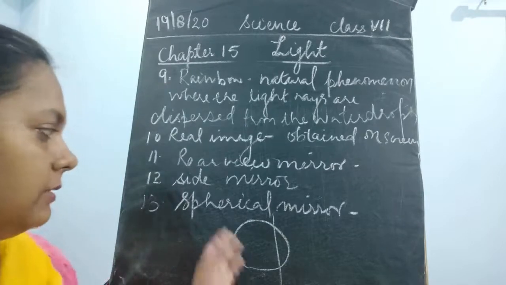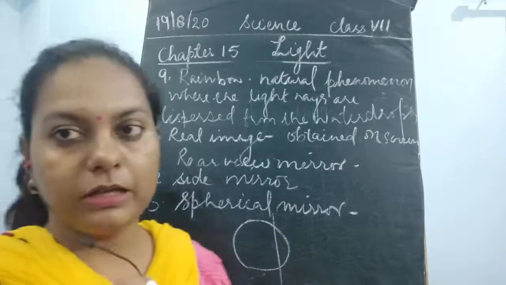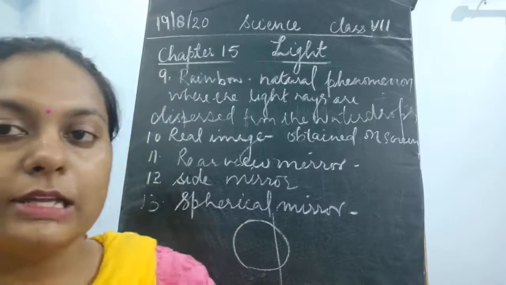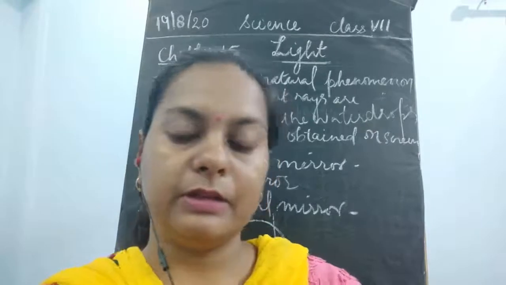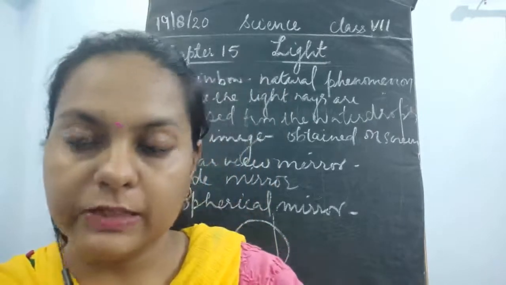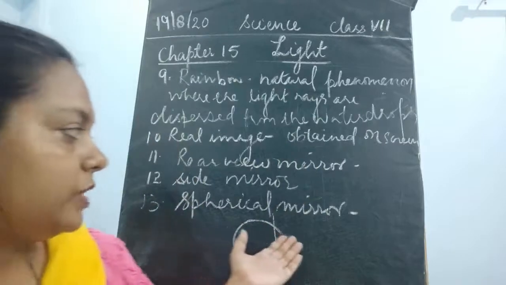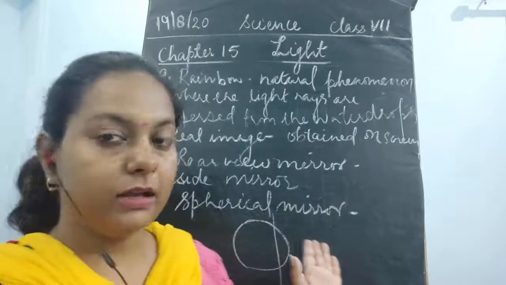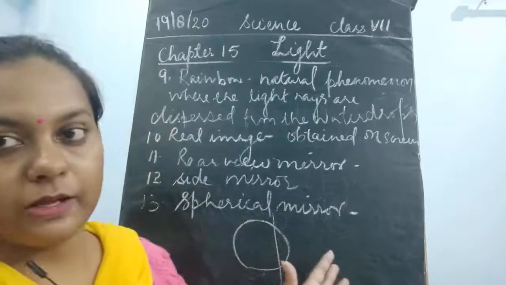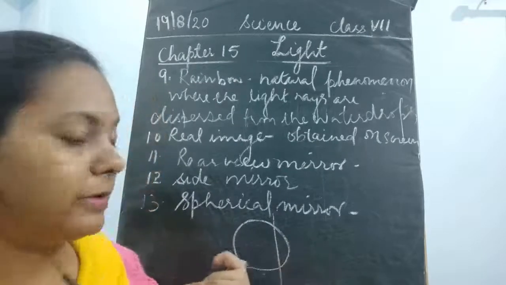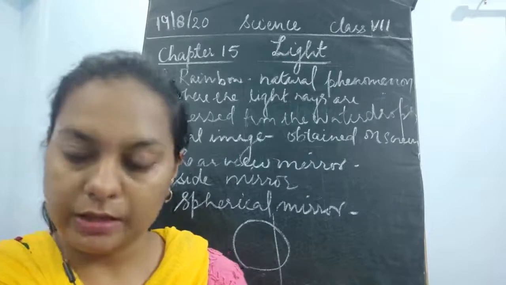It's very simple to understand. A spherical mirror is the mirror which is obtained from the glass sphere which is used for cutting the mirror.